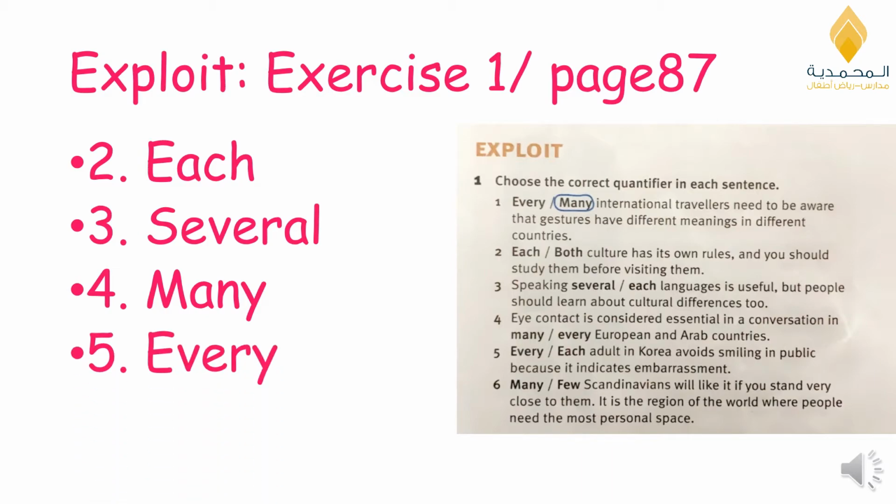And the last one, number 6, "Many or few Scandinavians will like it if you stand very close to them. It is the region of the world where people need the most personal space." So I have to use few. You can know that you have to use few when you continue the sentence from the context. And these are the answers for the exercise. I hope it is easy for you.